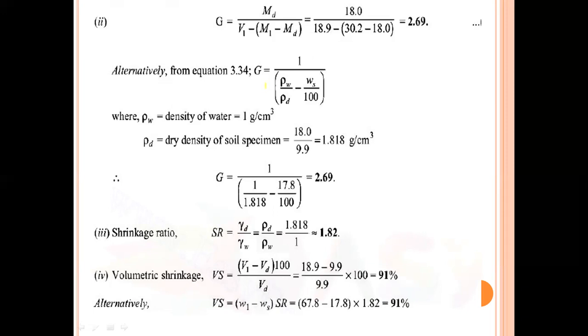This is one method, and an alternate equation can be used to find the G value.